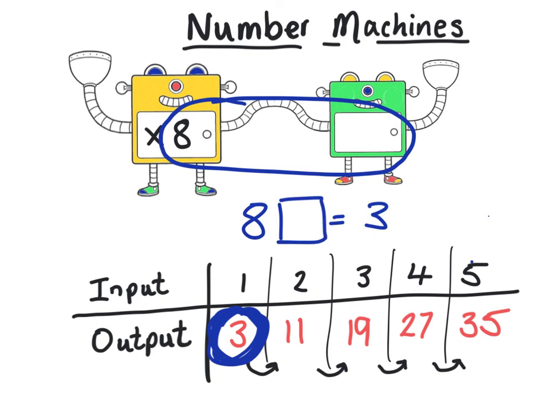And hopefully you all figured it out, that it's take away 5. We have to check it. We put 1 in, multiply by 8, take away 5 is 3. Put 2 in, 2 times 8 is 16, take away 5 is 11. Tick.